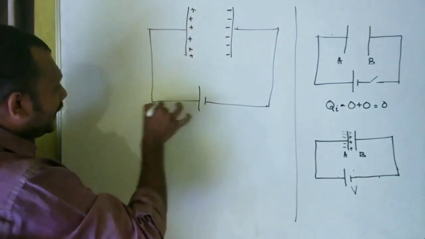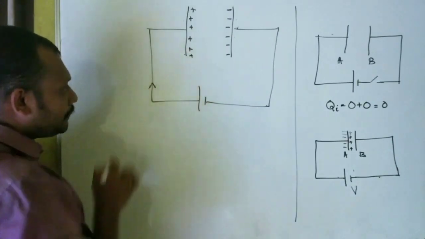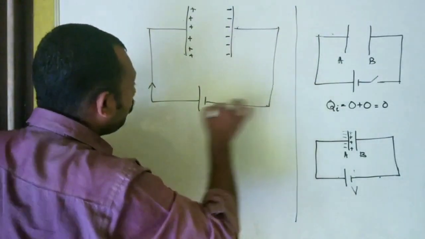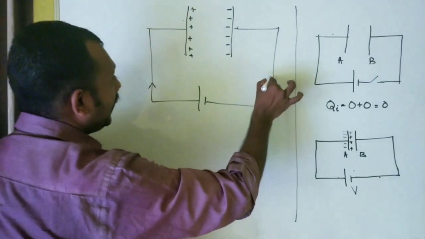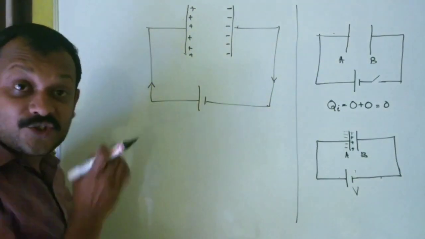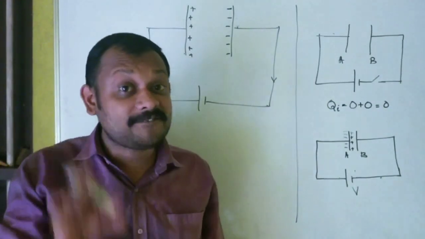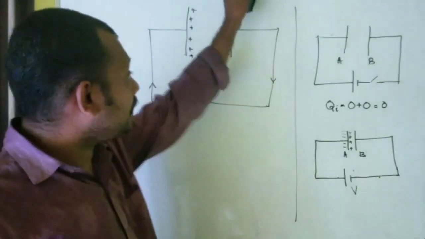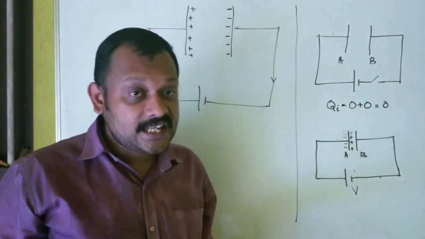During the flow of these negative charges and positive charges, a current is set up.